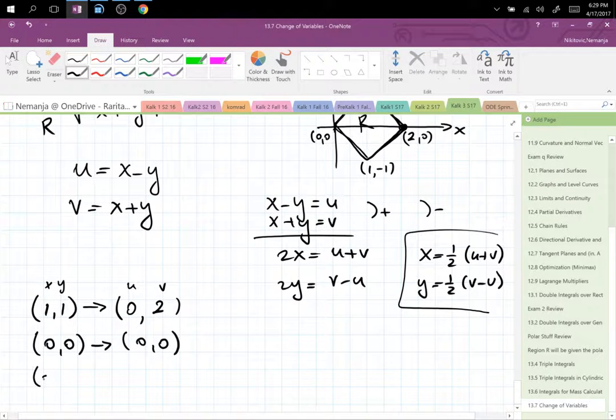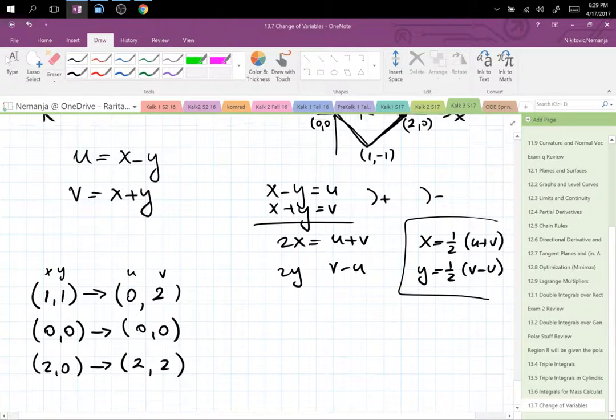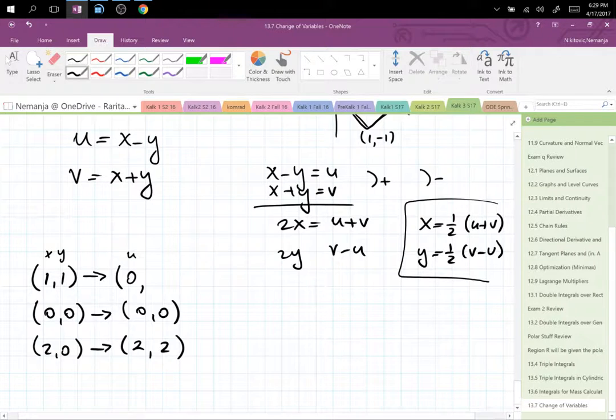Convert 2, 0. That's going to be 2, 2. And convert 1 and negative 1. So x is 1, it's going to be 2 and 0, right? Nice, it's a square.